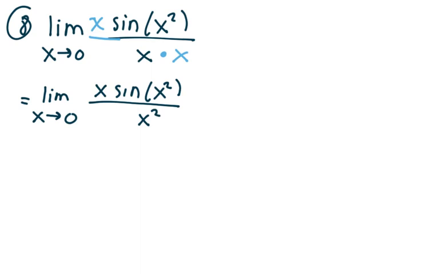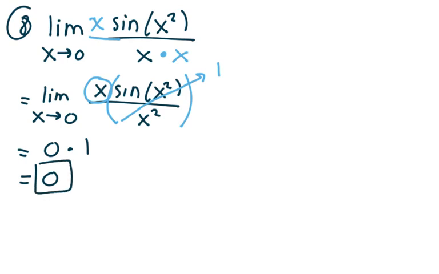And as x goes to 0, this piece right here goes to 1. Okay? And as x goes to 0, this goes to 0, what I have circled. And so the correct answer here is 0 times 1, which is equal to 0. And that's how you do problem 8.